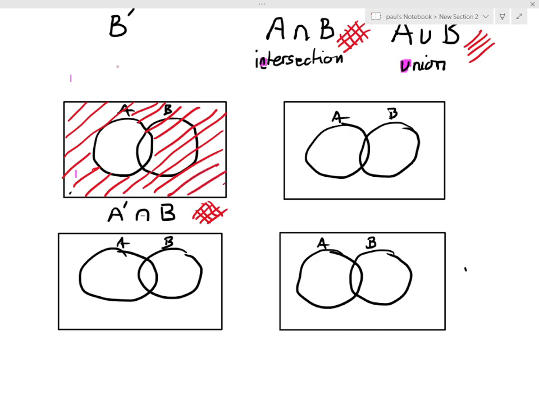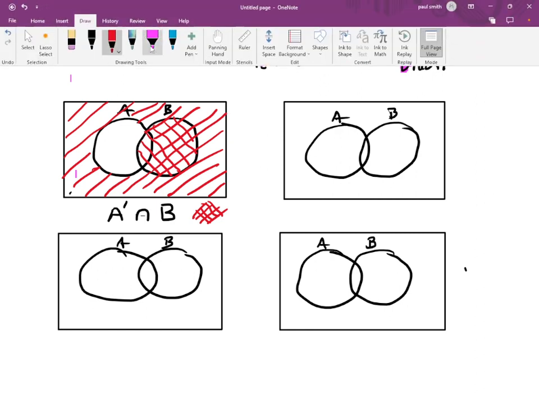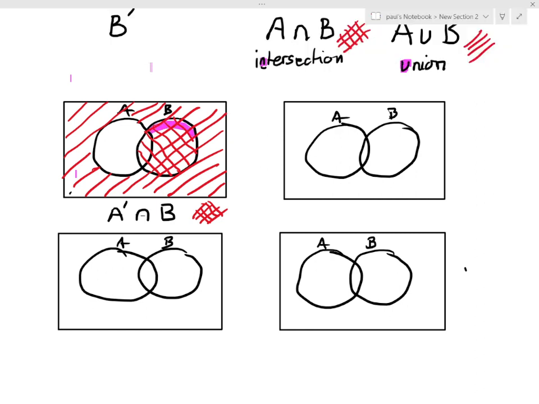So there's everything that's not in A. Now we want everything that's in B. And we go the other way. And where we get the crisscross pattern, that is the area that satisfies not in A and in B. There, that one.